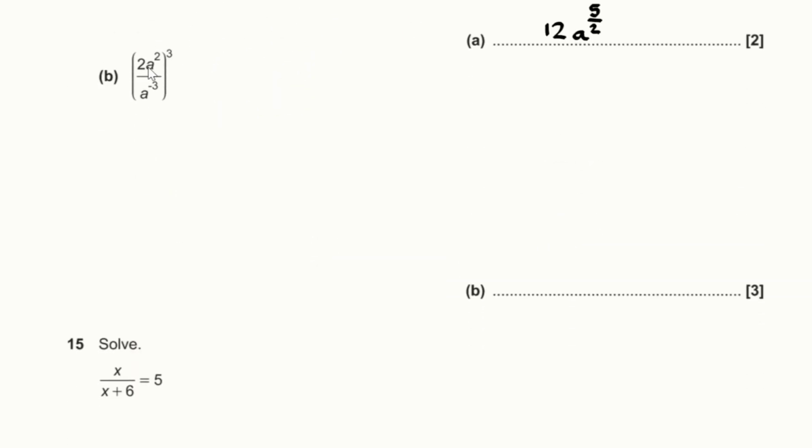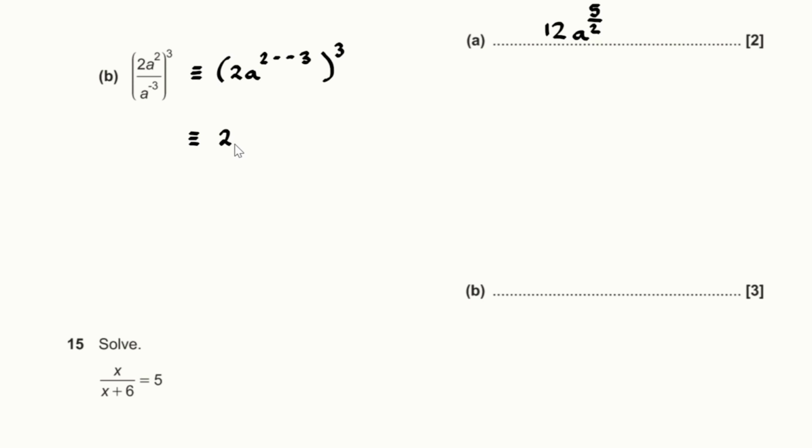For part B, we have 2a squared divided by a to the power of -3, all cubed. First of all, if we deal with what's inside the bracket, we have 2a to the power of 2 minus -3, cubed.